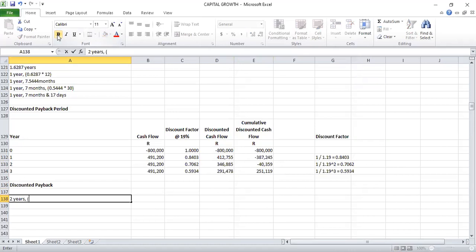Then we would say 40,359 divided by 291,478. That will be 2 point something. Can you give me what you get from that division?